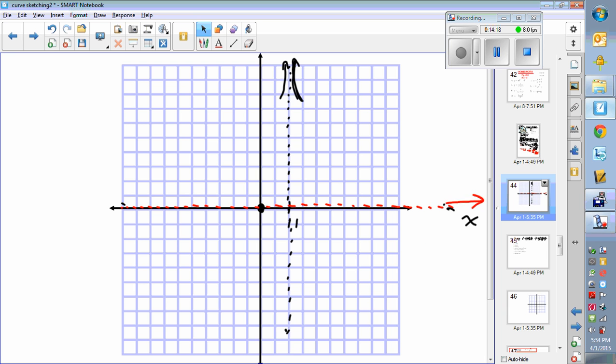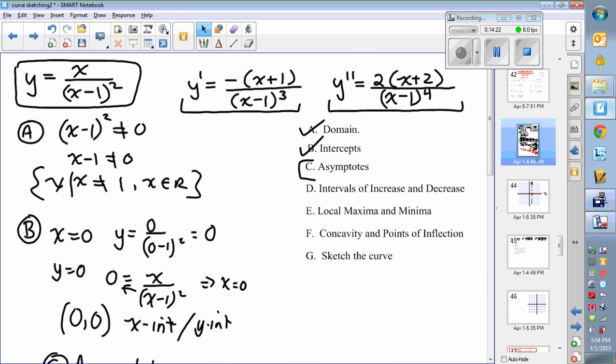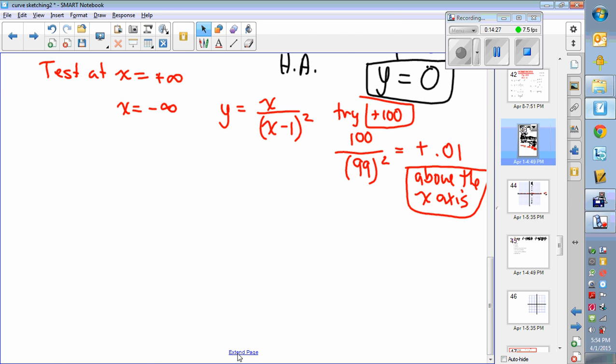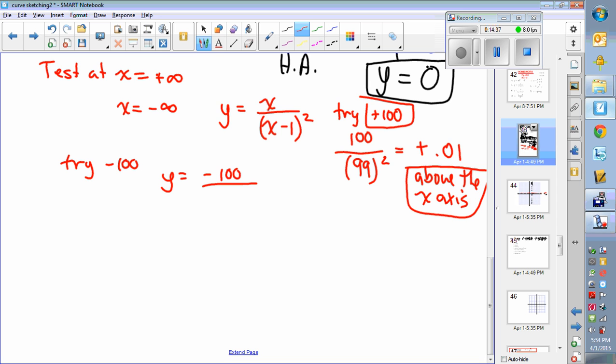Okay, so we're out here at positive infinity. That's what my limit tells me. Back to the negative. We will choose negative 100 for x and see what happens to y. Negative 100 over negative 100 minus 1 squared is negative 100 over negative 101 squared, and you get a negative number now. Maybe it's 0.99 or something.